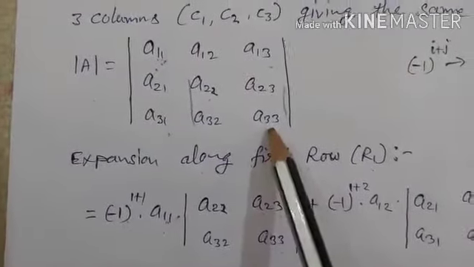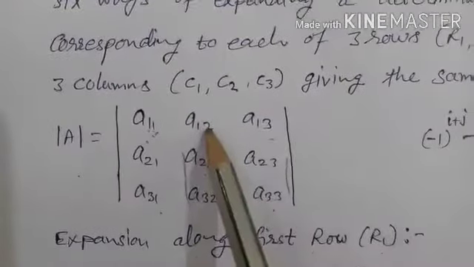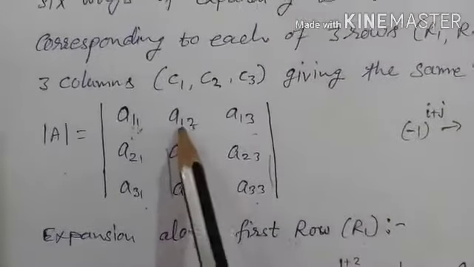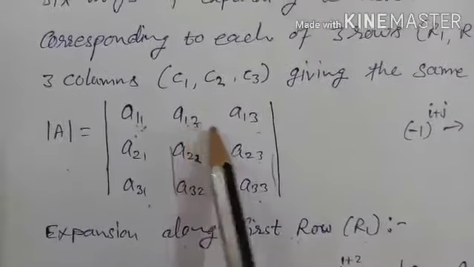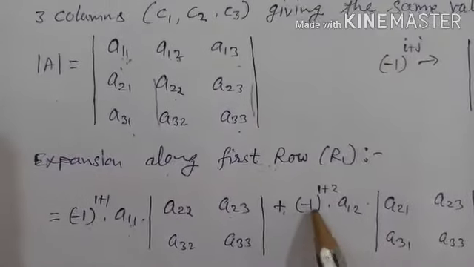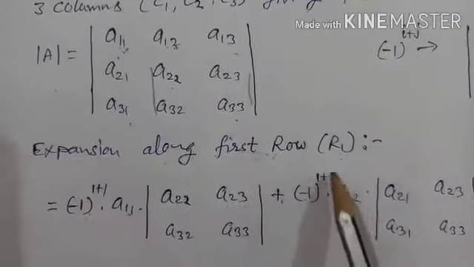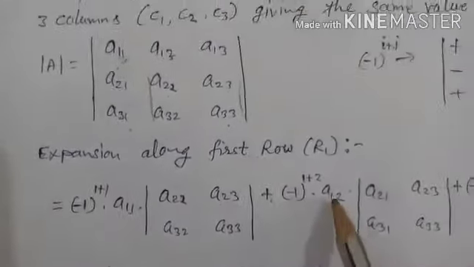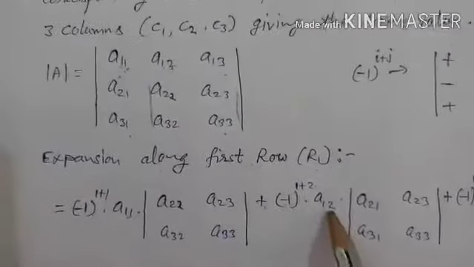Now the second element of the first row, because we expand along the first row. The second element: 1 plus 2 is 3, so it means a minus sign. So this is a plus sign, and after that minus 1 whole raised to the power 1 plus 2, that is 3, so it will be negative in the next step. This is the second element a12.